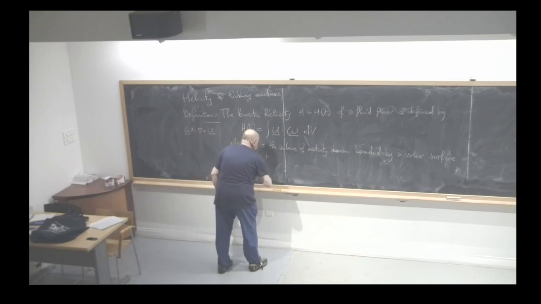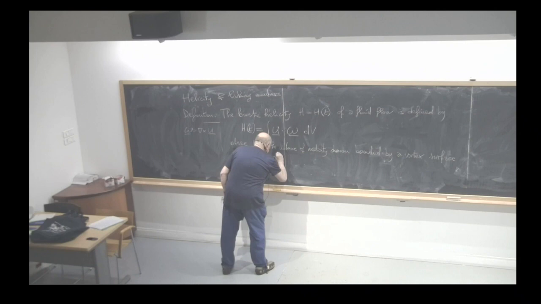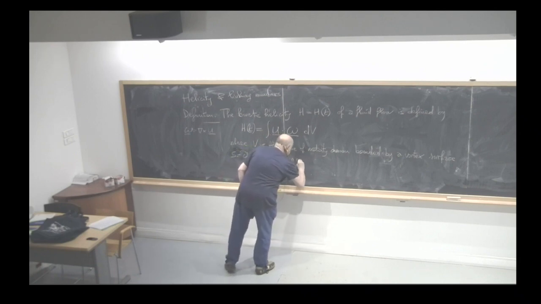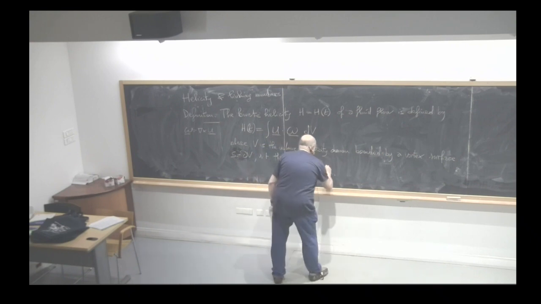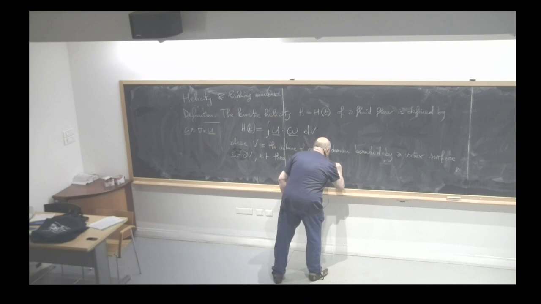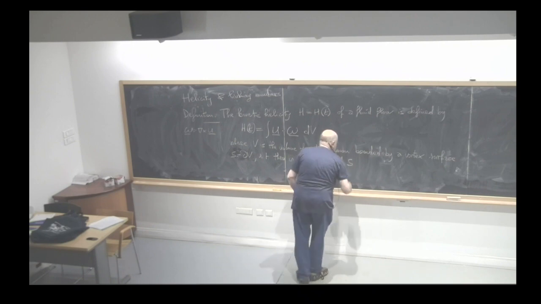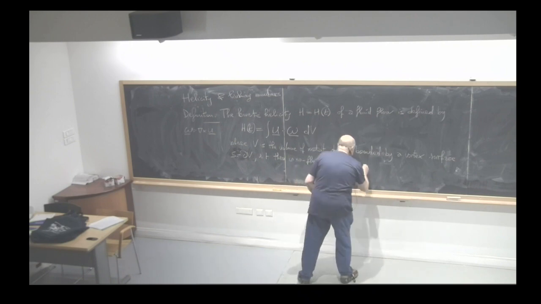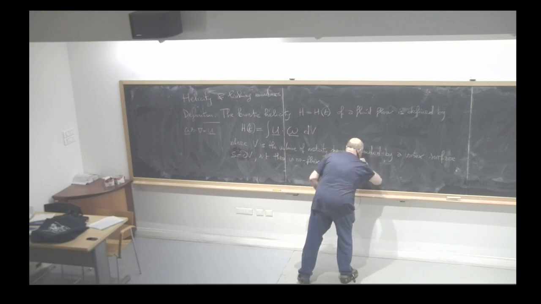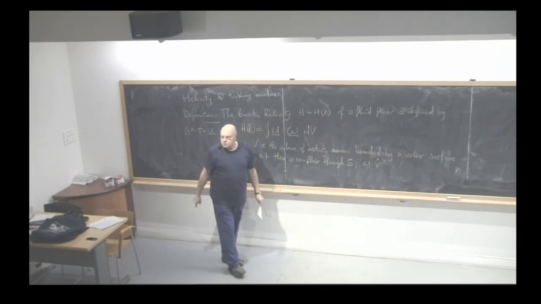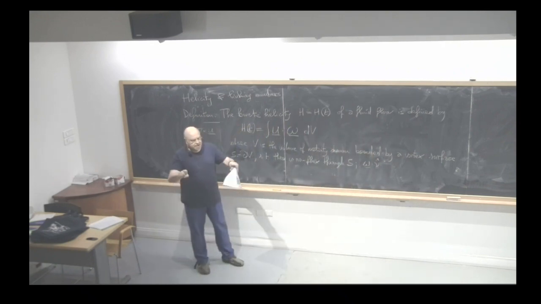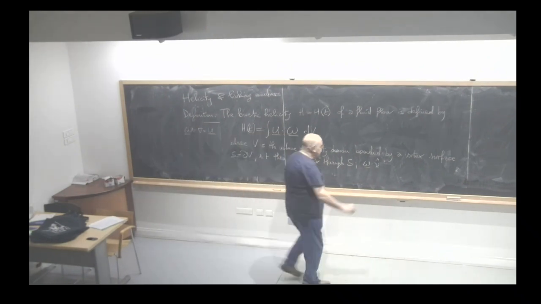such that there is no flux of vorticity through S. In other words, the vorticity omega dot the unit normal pointing outwards from the surface is 0.